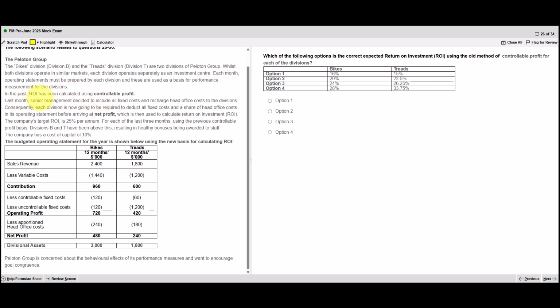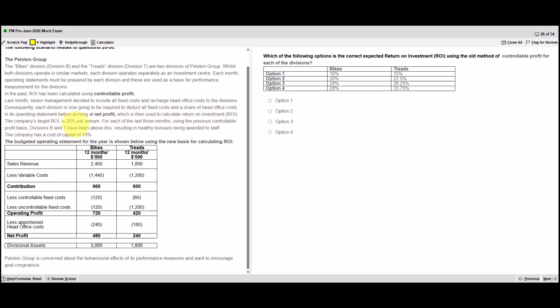In the past, ROI has been calculated using controllable profit. Last month, the Senior Manager decided to include all fixed costs and recharge head office costs to the divisions. Consequently, each division is now going to be required to deduct all fixed costs and a share of head office costs in its operating statement before arriving at net profit, which is then used to calculate ROI.